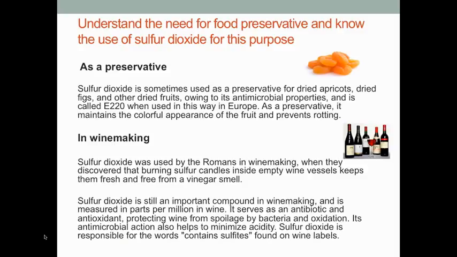It's measured in parts per million in wine. It serves again in its antimicrobial position to reduce bacteria and oxidation. It also helps to minimize acidity. Sulfur dioxide is responsible for the words "contains sulfites" that you would find on wine labels.